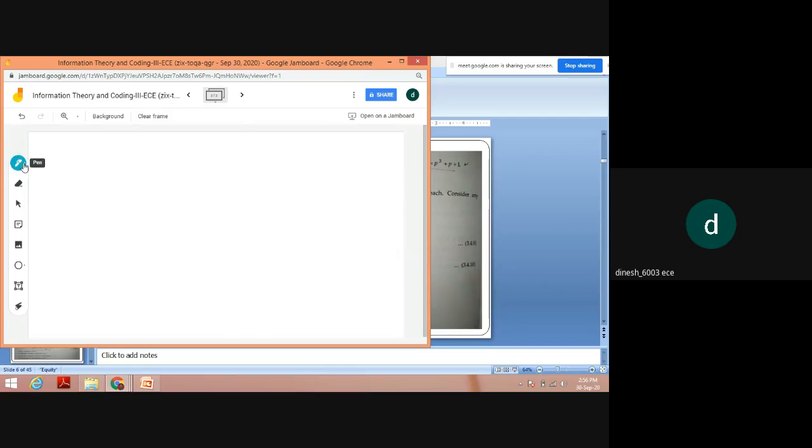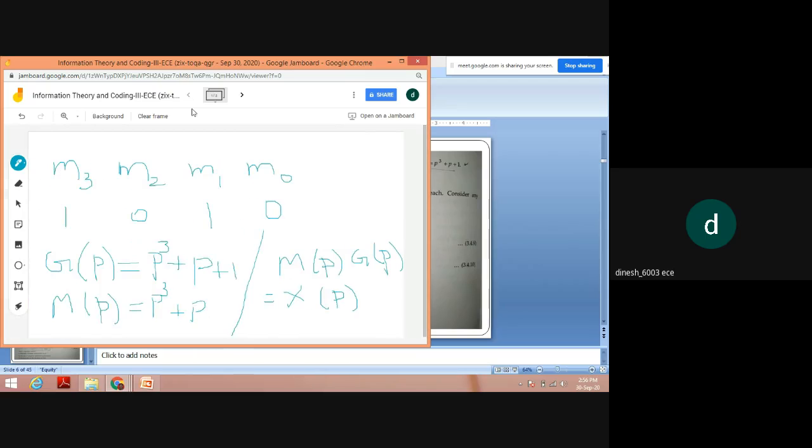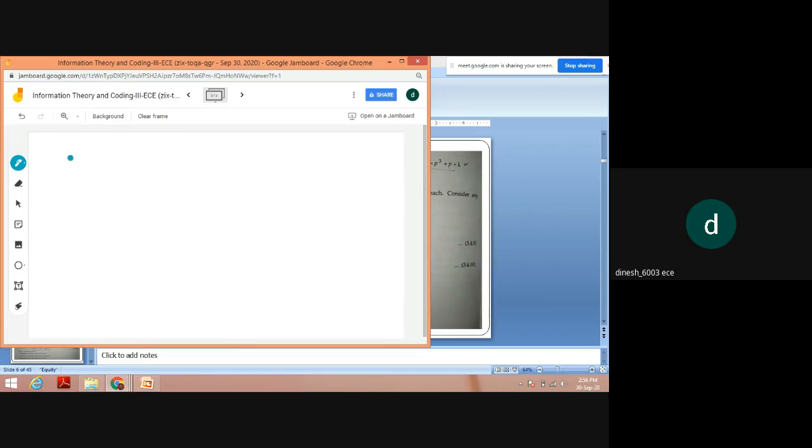Okay, so here we know what M of P is: P3 plus P, into G of P, which is P3 plus P plus 1.